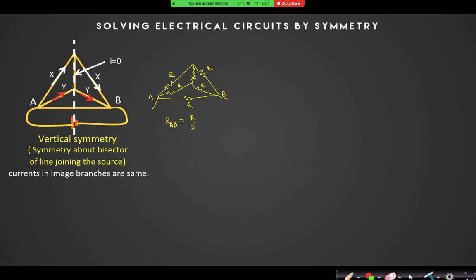Right? So if anytime you doubt whether it will happen or not, then at your home, just take 2 or 3 loops, write down KVL, KCL equations in that loop, and try to solve for the currents. That will be better if you solve them.